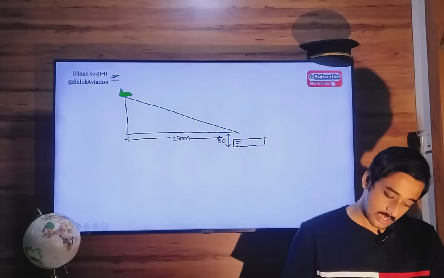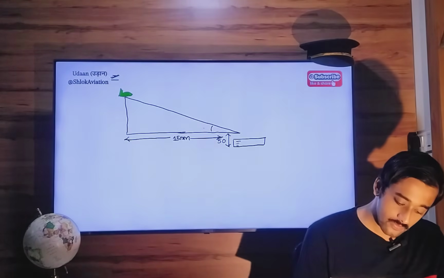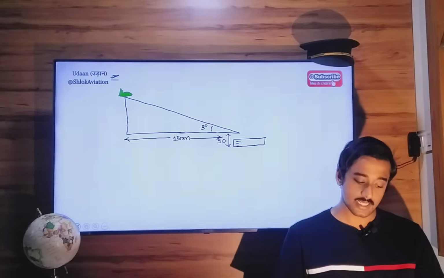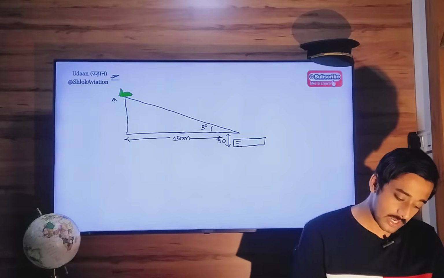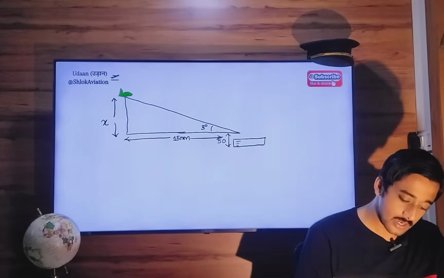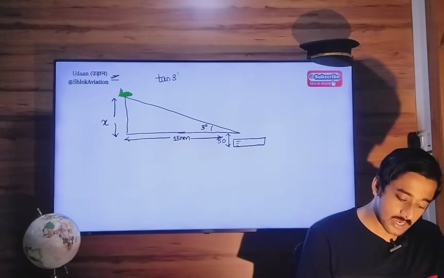Glide slope is 3 degrees. So let's apply, first, we will find the aircraft's vertical distance, x. So let's use tan theta. Tan 3 degrees equals opposite upon horizontal.